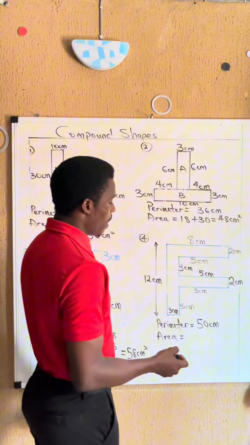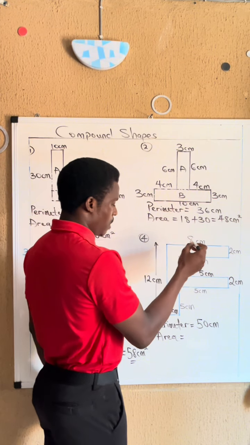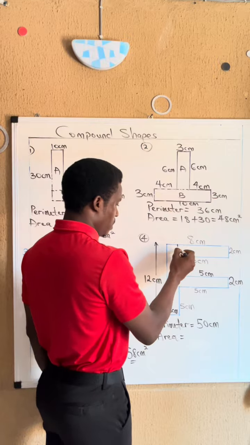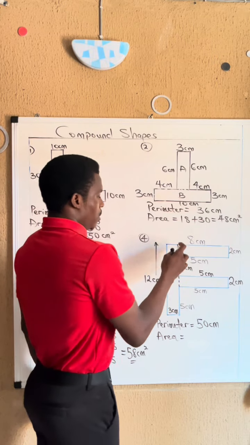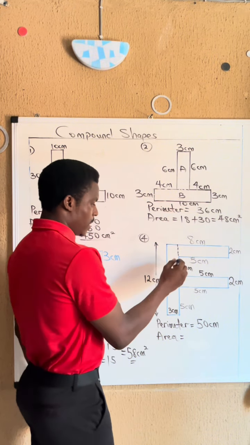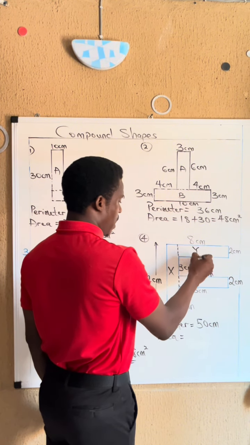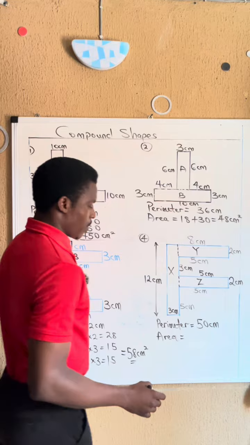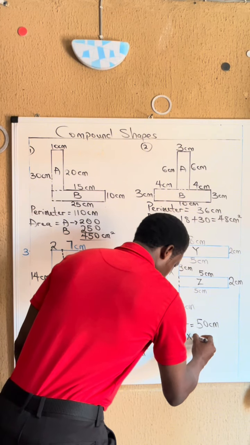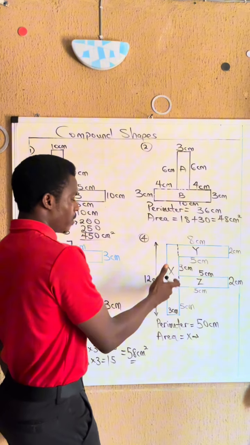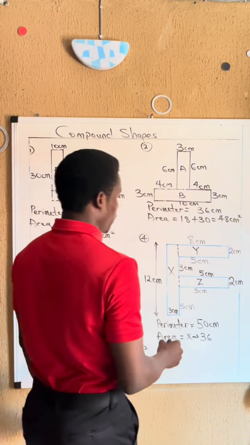For the area, of course, we have to divide this into 3. And this can be done this way, just closing this up and this. So what do I have here? Let's call this X, Y, and Z. For X, we have 12 times 3, that is 36 centimeters squared.